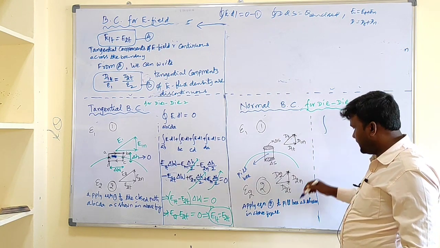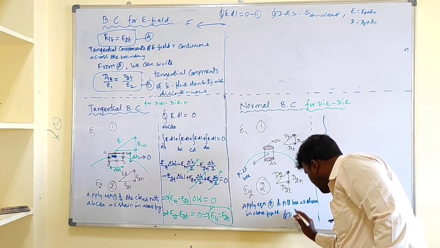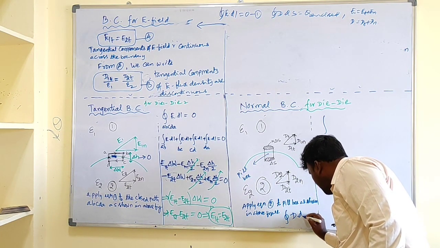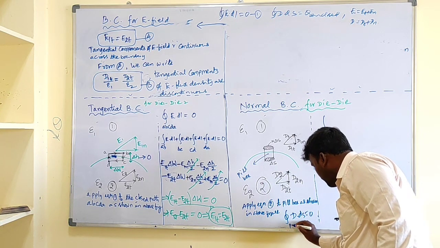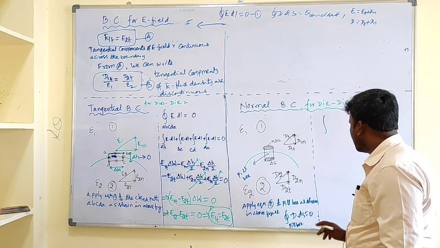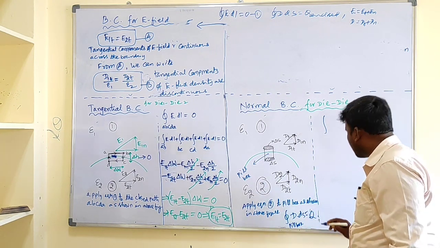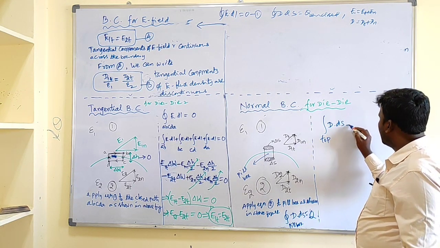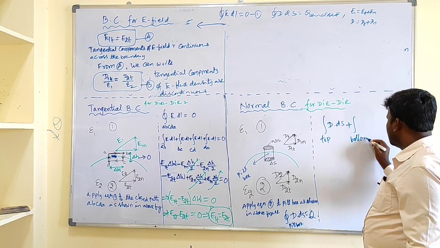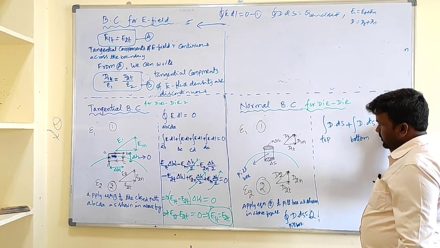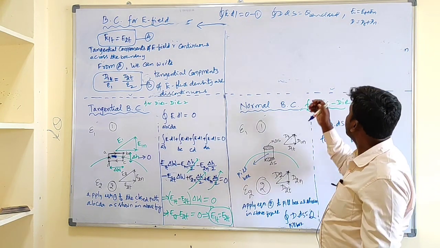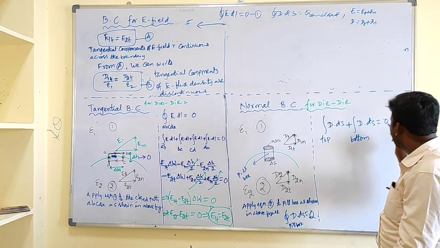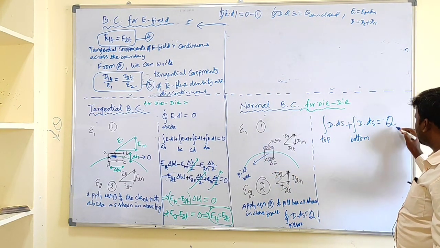So integral D dot ds is not 0, it is Q enclosed. For the side surfaces, integral D dot ds becomes 0. We have the contribution for the top and bottom only.